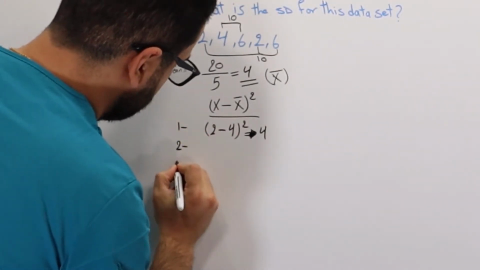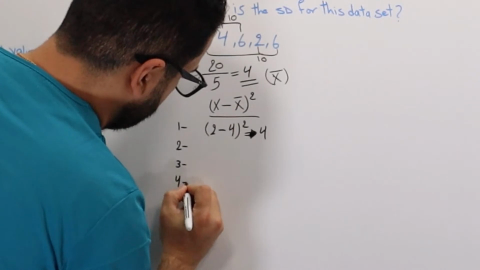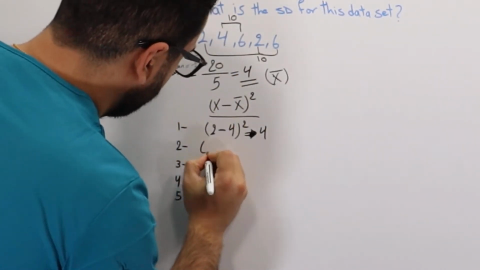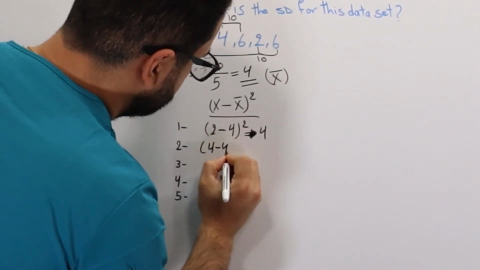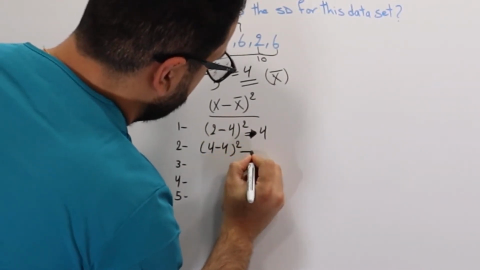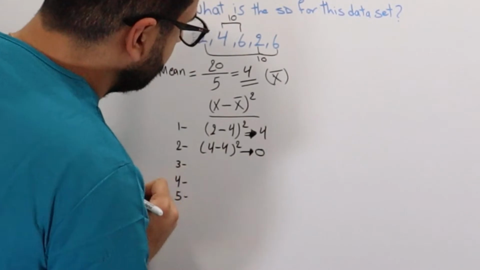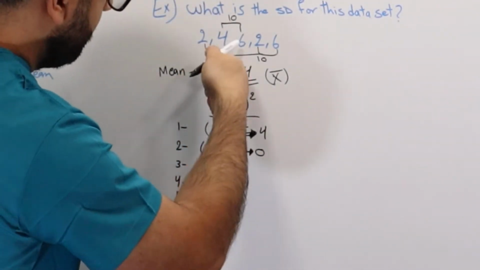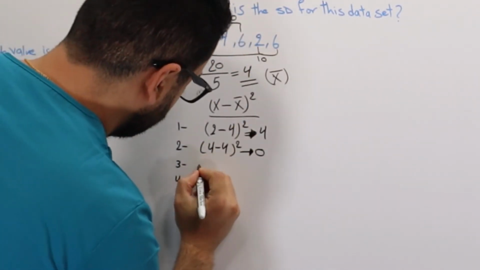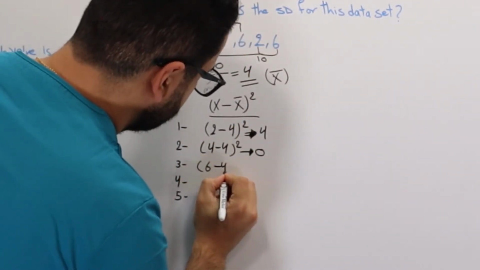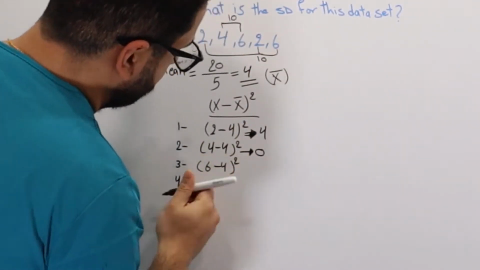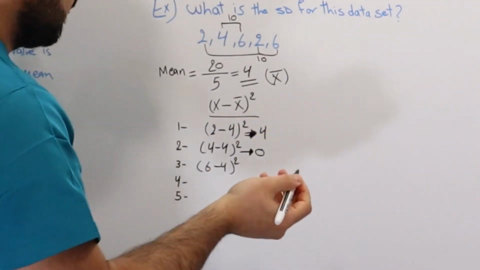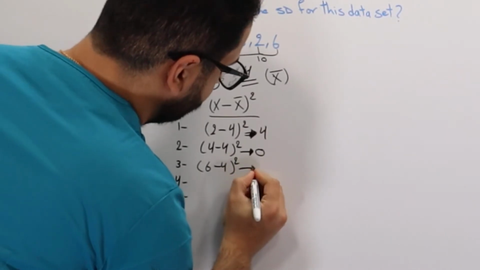Let's go to the second, third, fourth, and then fifth. So we have over here 4 minus 4 squared. And the answer in this case would be 0. 4 minus 4 is 0. Squared doesn't really matter. The third data point is 6. 6 minus 4 squared. So 6 minus 4 is 2 squared. 2 multiplied by 2 is basically 4.